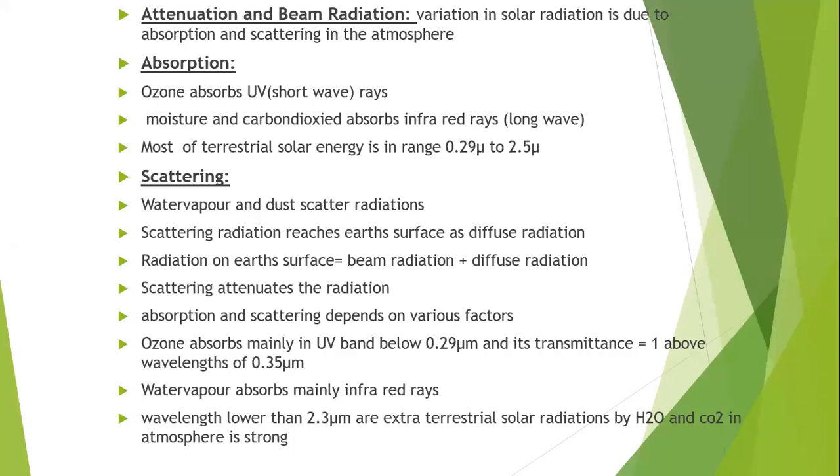So for terrestrial application of solar energy, we are taking the wavelengths only between 0.29 and 2.5 micrometers. The wavelengths between 0.29 and 2.5 micrometers are to be considered for terrestrial applications of solar energy.